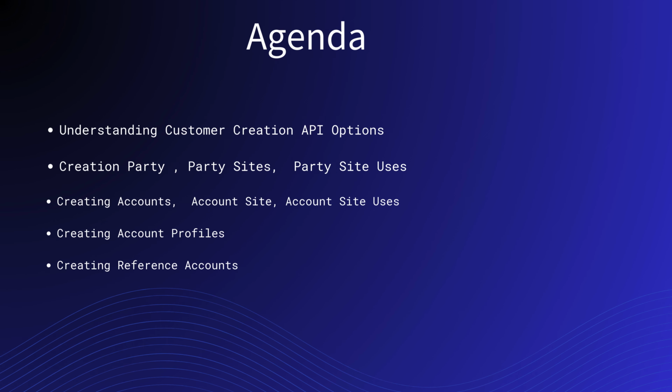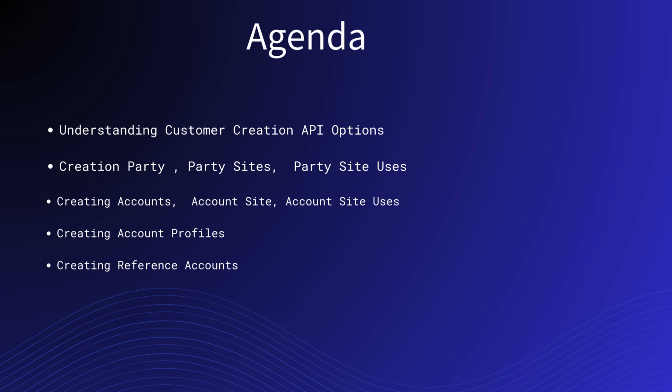The agenda of today's session is that we'll try to understand the customer creation API options. We'll also create party sites and party site users using REST APIs. We'll create accounts, account sites and account site users, and we'll also see how they are interlinked together.